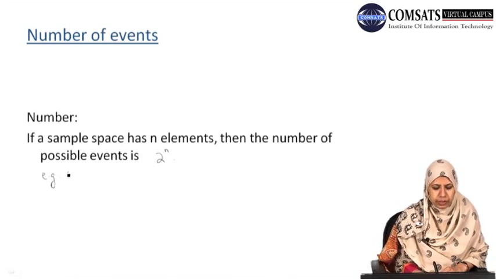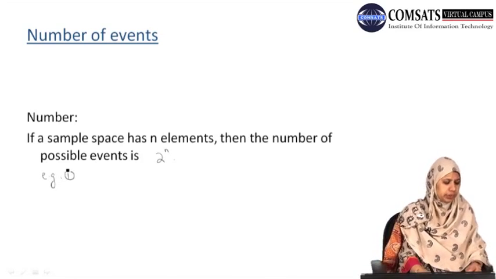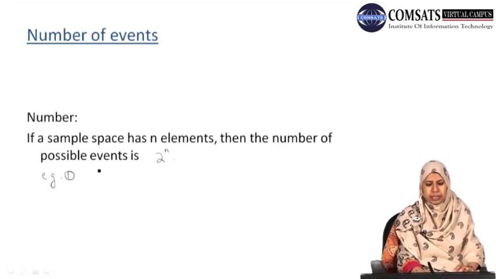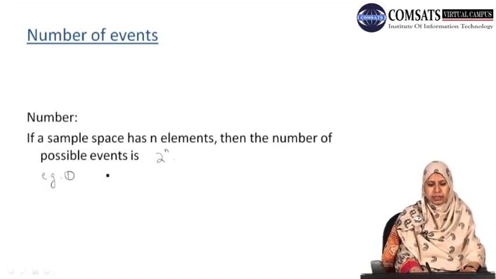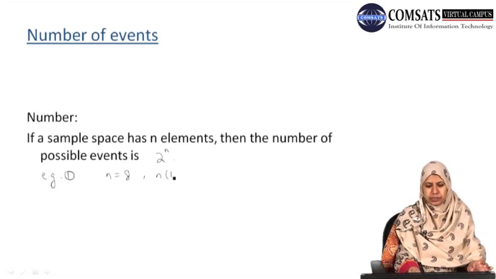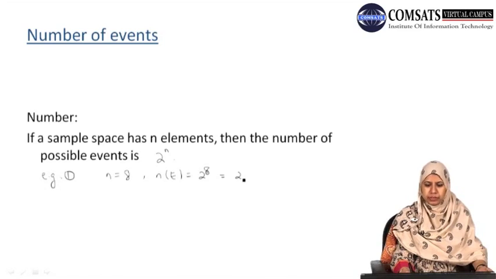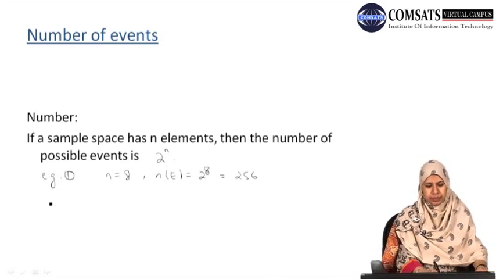For example, in this example, the sample space has 8 elements. So the number of possible events which we can obtain from this sample space will be 2 to the power 8.